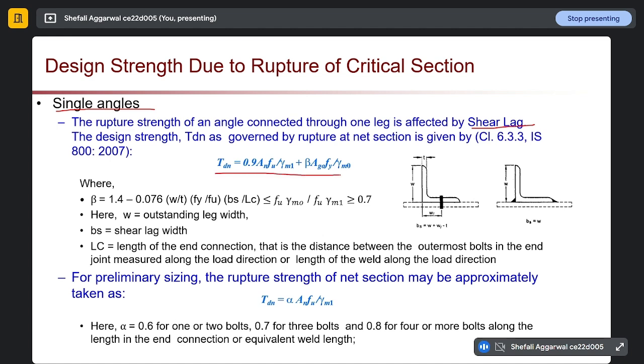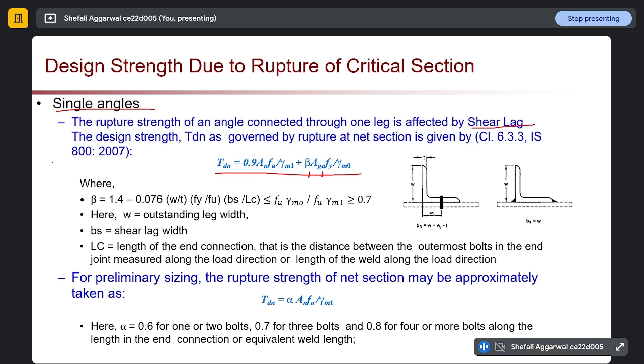So this will be given by 0.9 AnC Fu divided by gamma m1 plus beta Ago Fy divided by gamma m0. This is the part which doesn't have any connection, plus the part which has connection. For the part which has connection, we are taking one factor beta, and the area is changing as Ago.